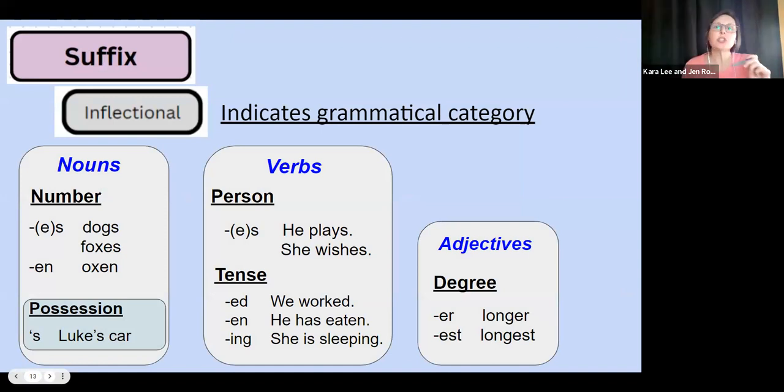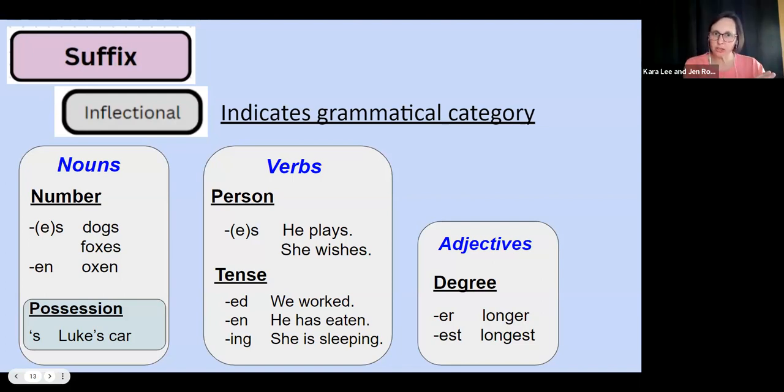Inflectional suffixes indicate grammatical category. Well, what in the heck does that mean? Basically, it means it's something that happens within a grammatical category. For example, nouns can be singular and plural, but they're still nouns.